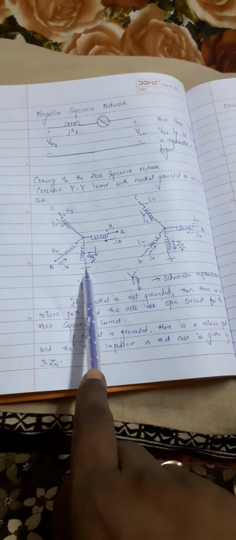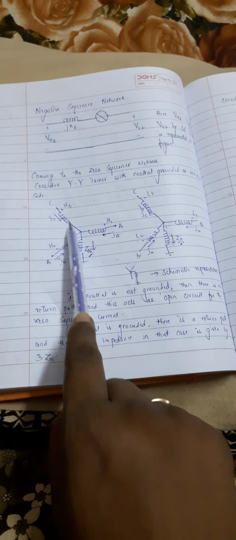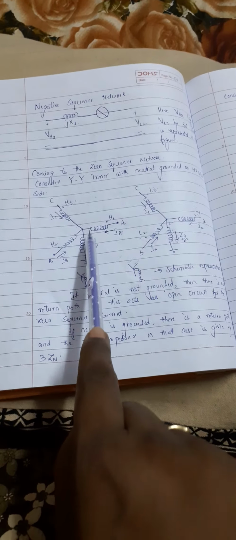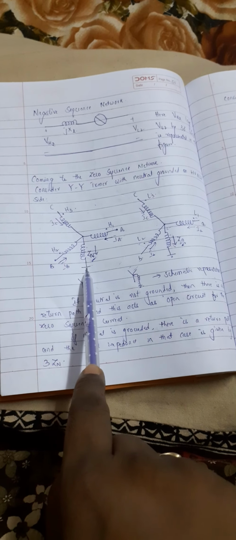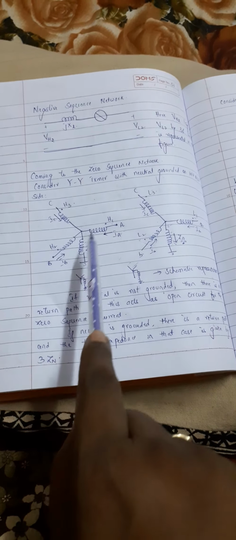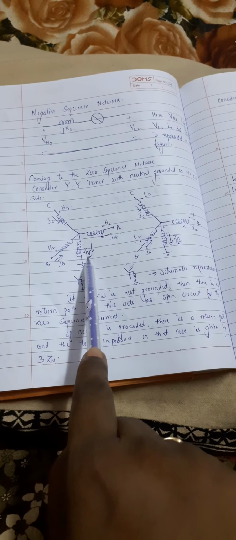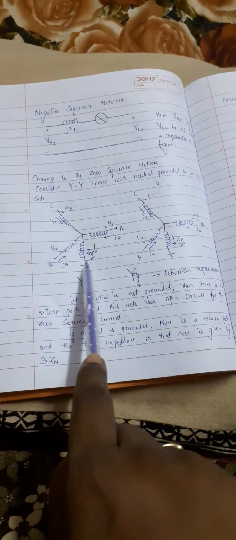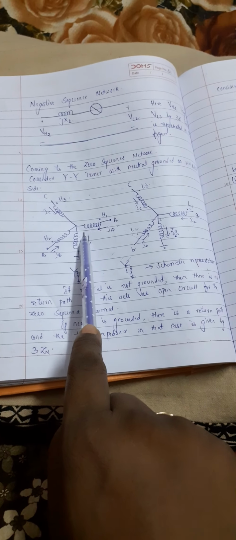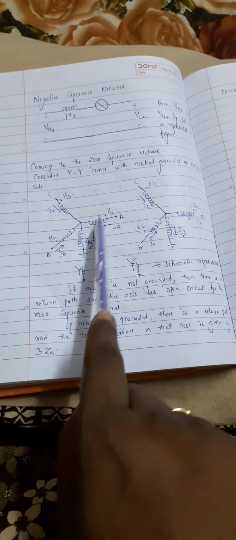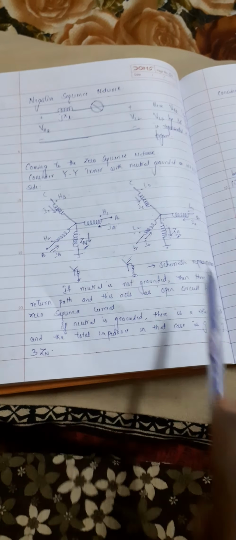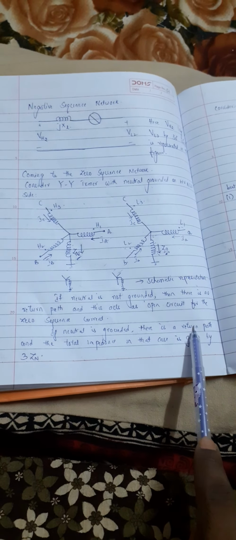But when there is a neutral path, the sum of these currents flows through this neutral line. So there will be a path for the currents to flow, and in that case we can consider this as a short circuit. But when the neutral is not grounded, we have to consider this as an open circuit. That is what is written here.